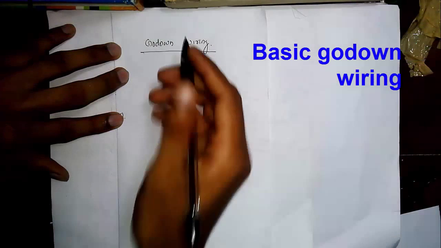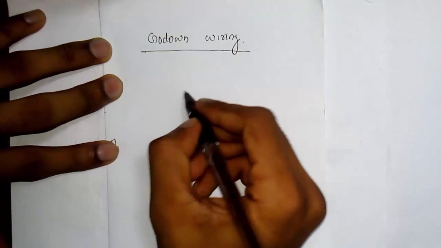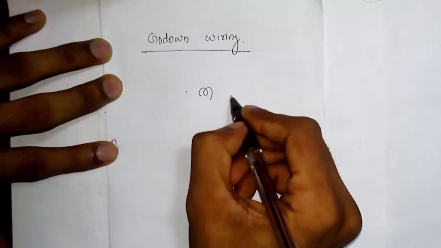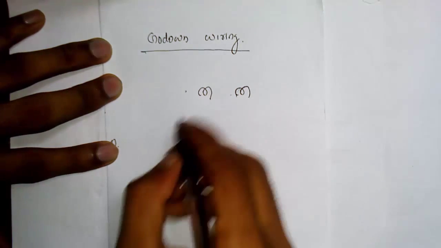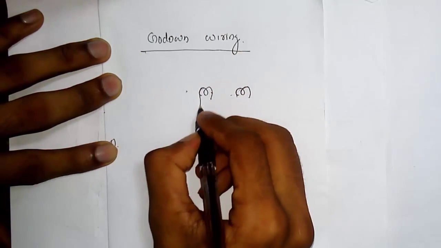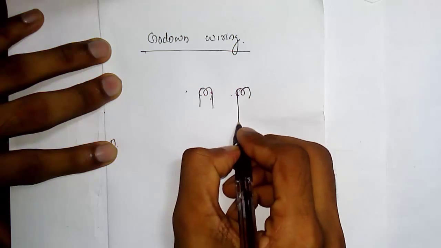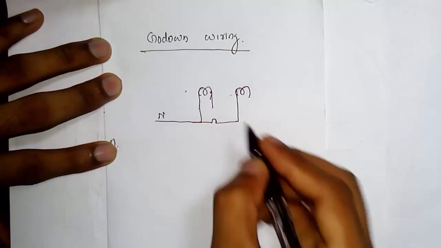Here we are explaining two lamps controlled by two switches, but only one lamp is turned on at a time. We have two lamps, and their neutral lines are joined and connected to neutral.